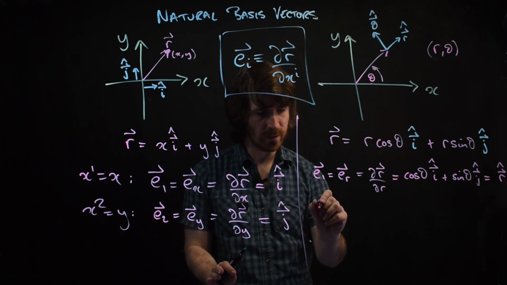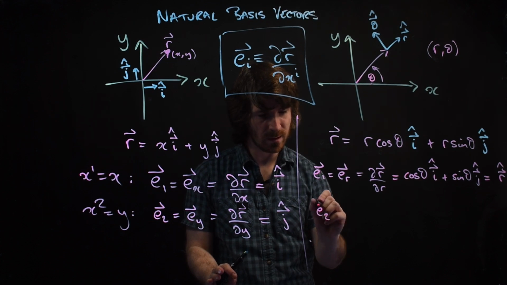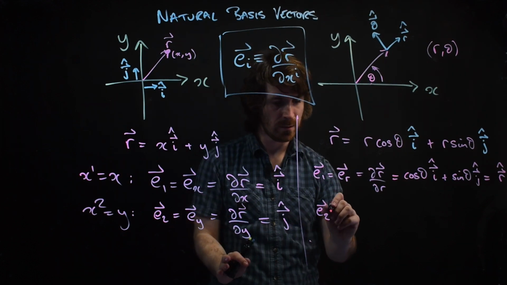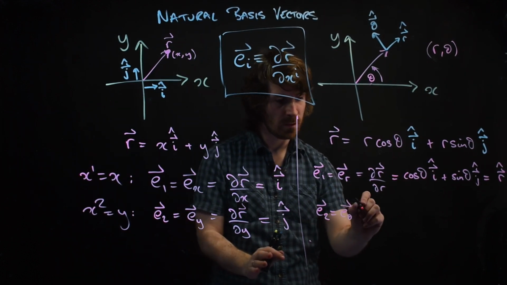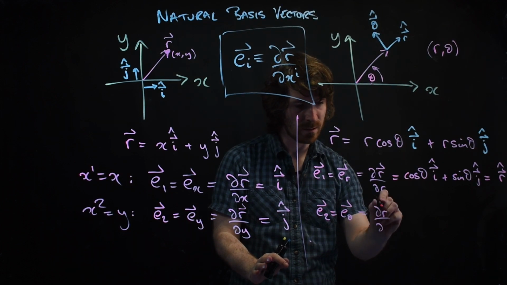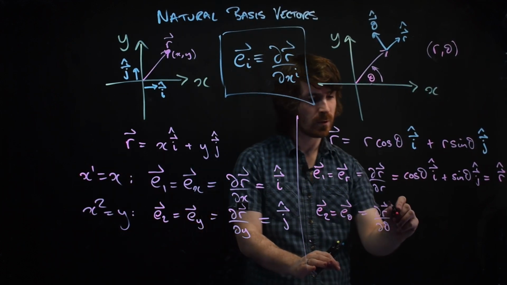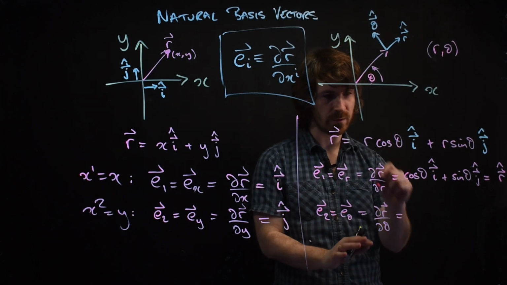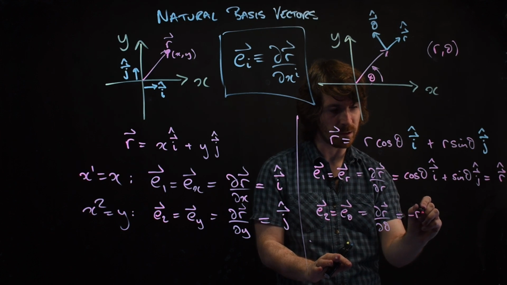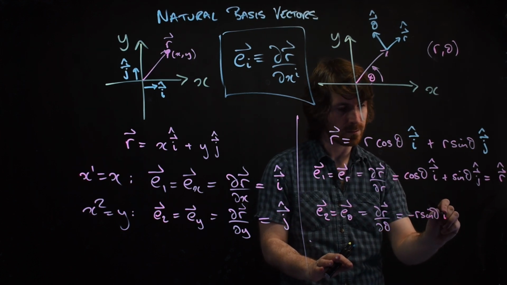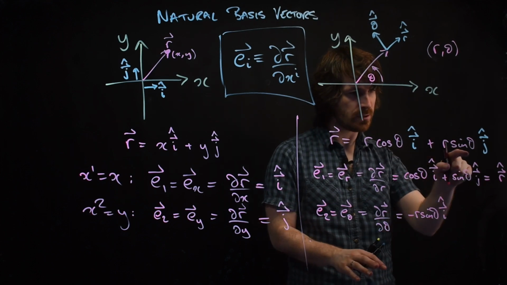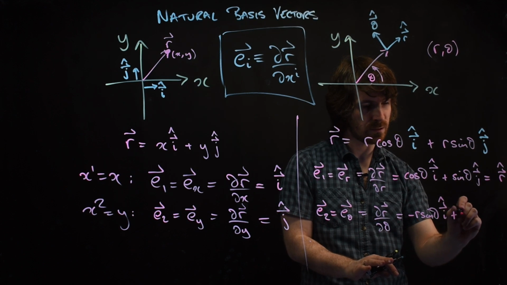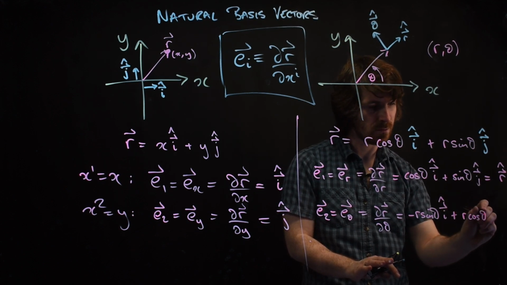If we think about our theta, this is our second natural basis vector in the r theta coordinate system, so we can call this E_theta, and this is dr by d theta. So r cosine theta, partial derivative with respect to theta, is minus r sine theta i hat. And then r sine theta j hat, partial derivative with respect to theta, is just r cosine theta j hat.